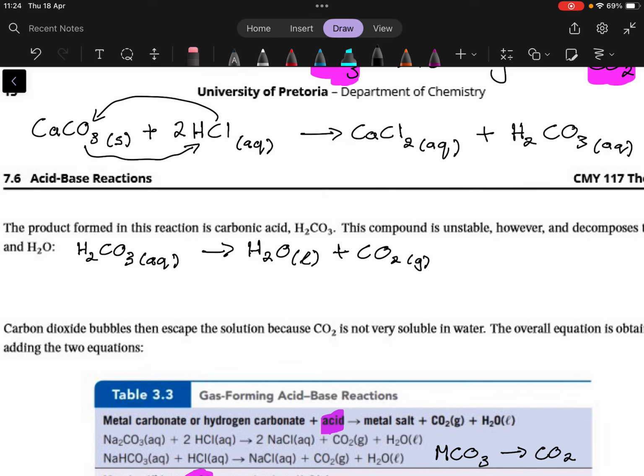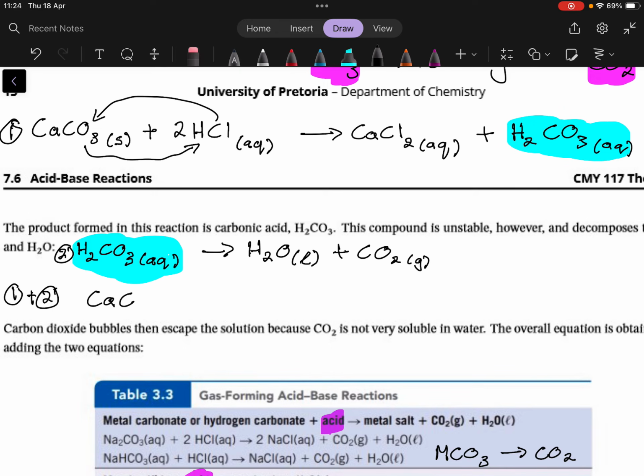And if we sum these two equations, equation 1 plus equation 2, we notice on the left-hand side we have H2CO3, and on the right-hand side we have H2CO3. So they will cancel in the final equation.